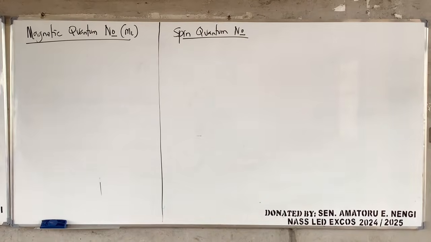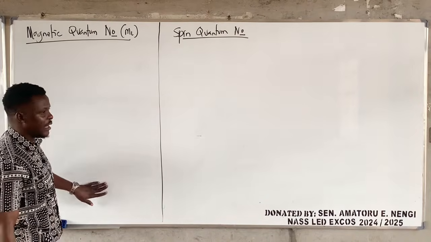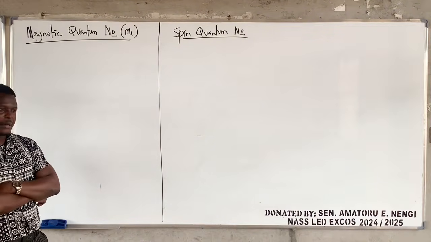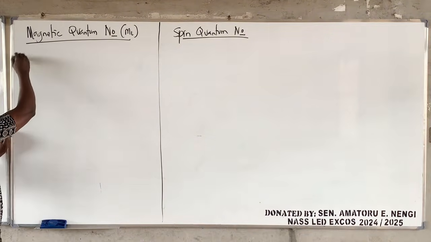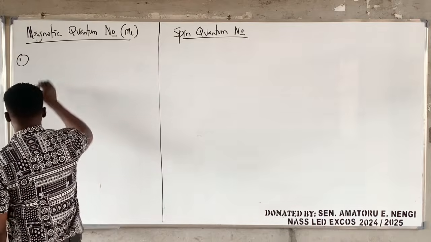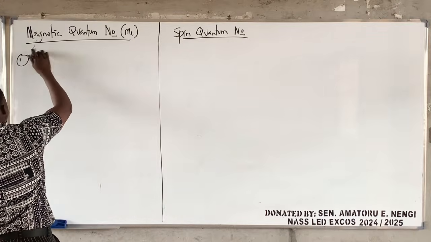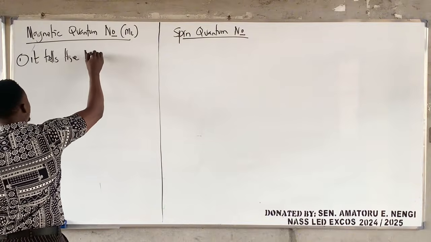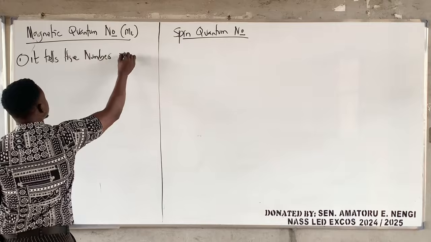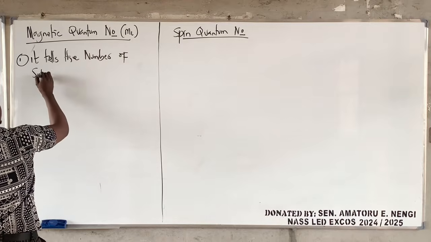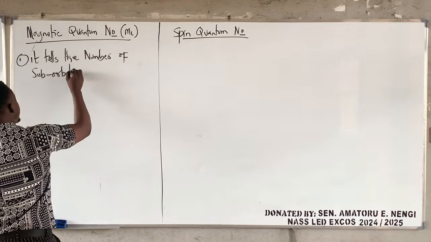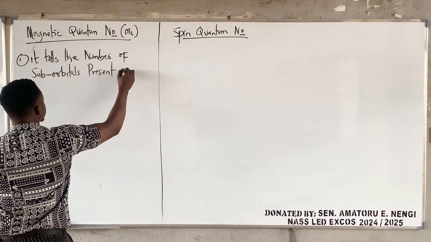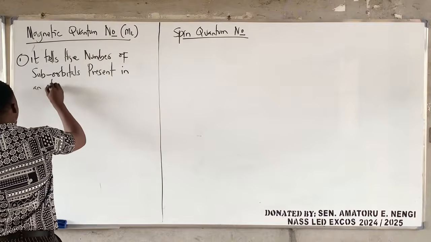Let's look at magnetic. We just completed principal and azimuthal. Now magnetic is the third form of quantum number. The first function of this one is that it tells us the number of suborbitals present in an atom.